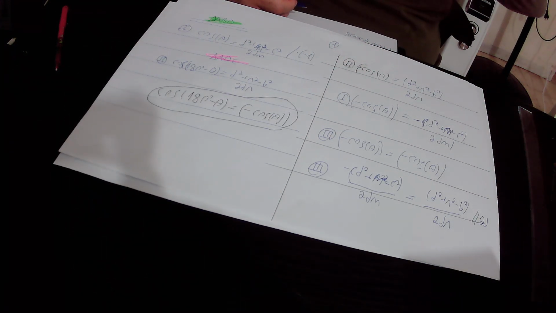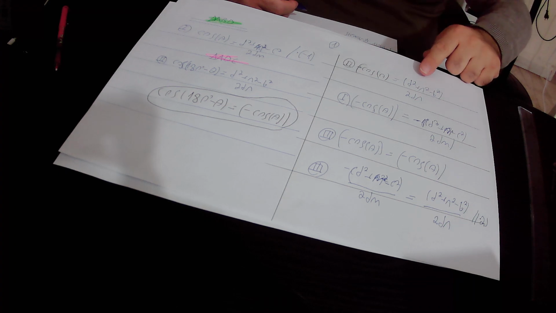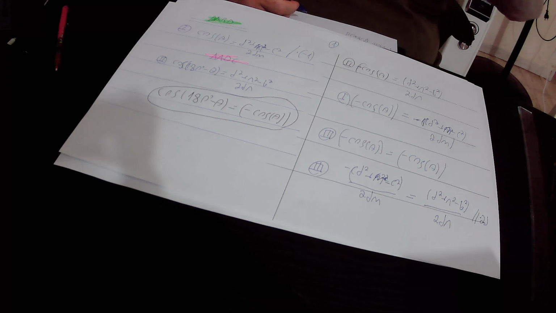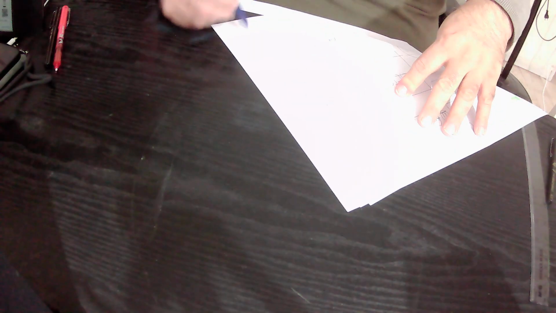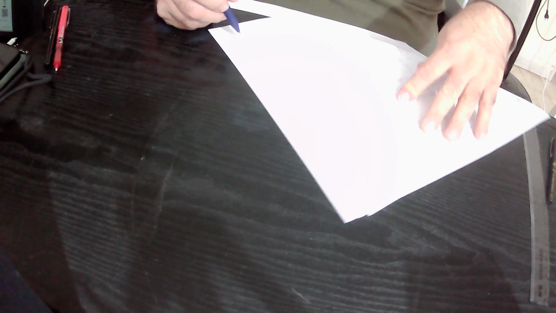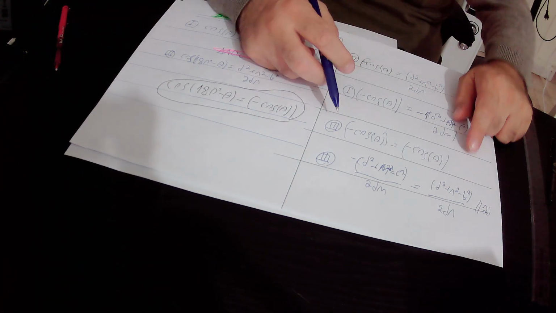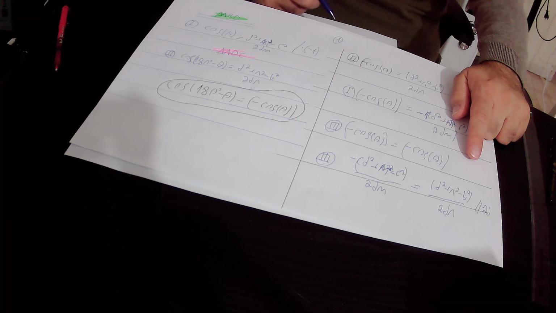Minus cosine theta according to equation number 2 equals (d square plus n square minus b square) over 2 times d times n. In the next step we multiplied this equation number 3 by 2d.